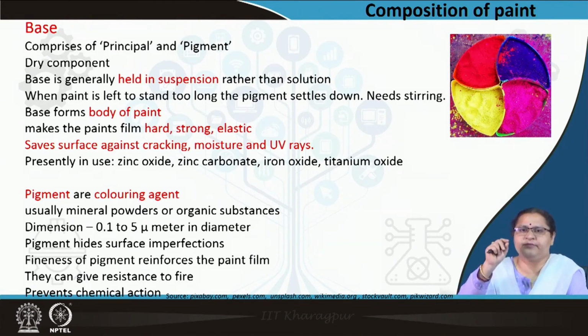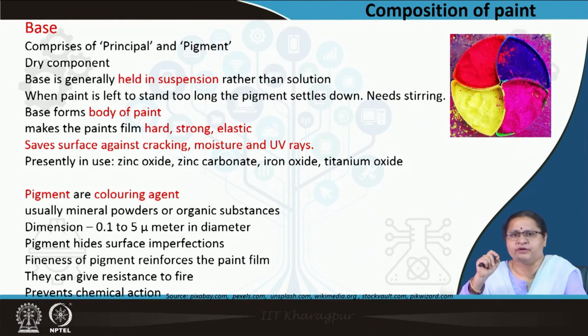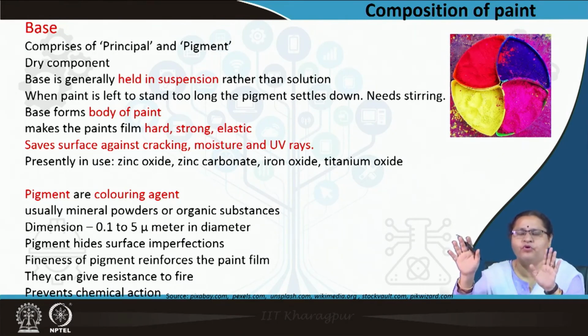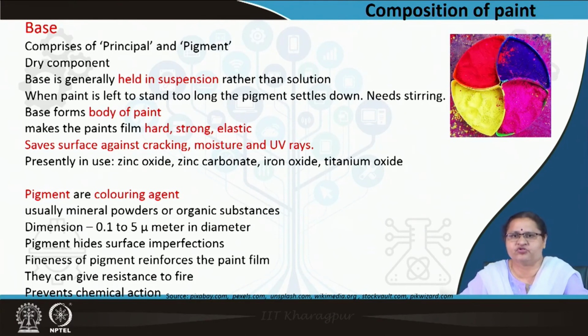So, finer the pigment size, or these base and pigment sizes, more tightly or closely packed they are, and the paint becomes more impervious. So, it strengthens the film. Lower the size, the stronger is the paint film, better is the quality.